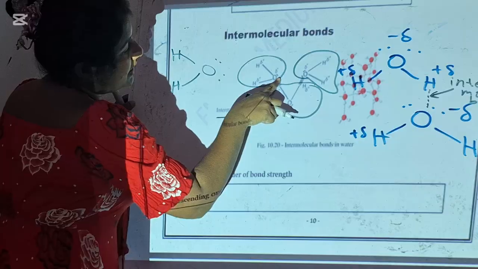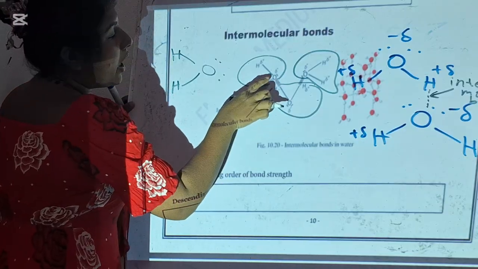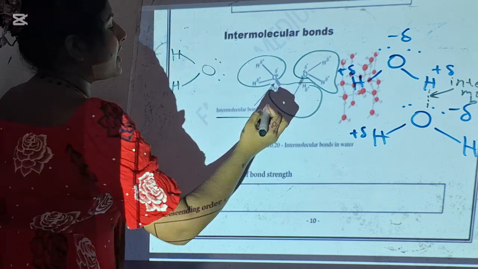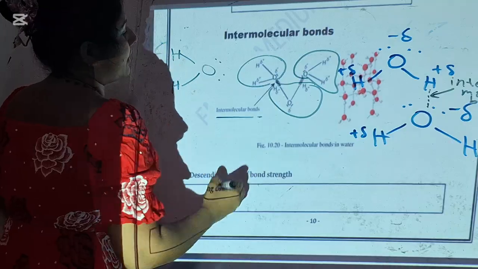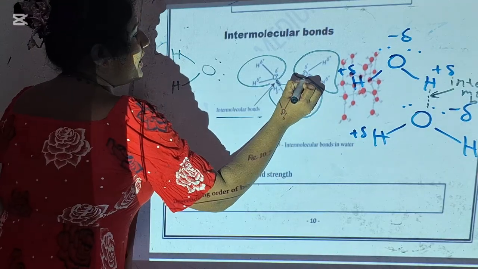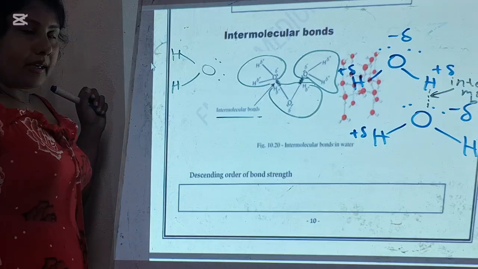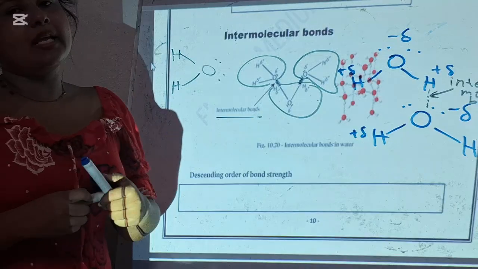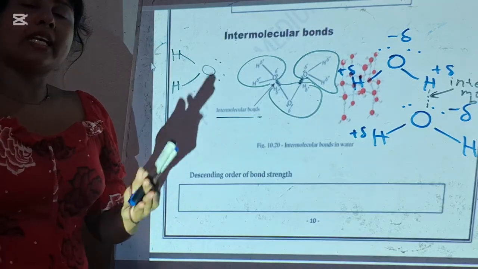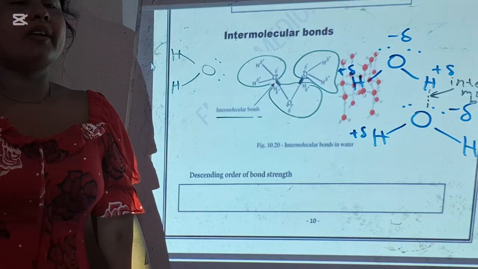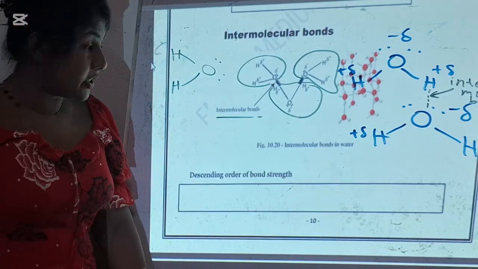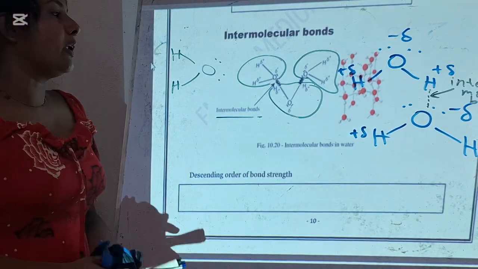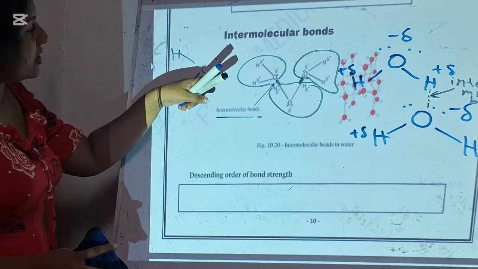So you can see there, between the oxygen's minus charge and the hydrogen's plus charge, there is a bond connecting here, and also here there is another bond like this. These bonds, the bonds created between the molecules, we call intermolecular bonds or intermolecular attractions.